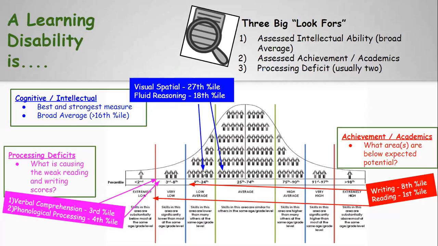So we can look at the visual spatial at the 27th percentile and the fluid reasoning at the 18th percentile and say that that's a pretty good measure that this child has some average cognitive ability, broad average cognitive ability.